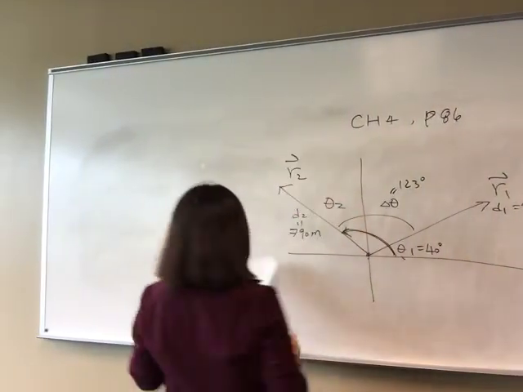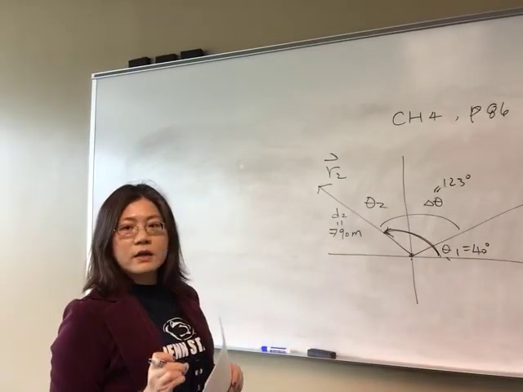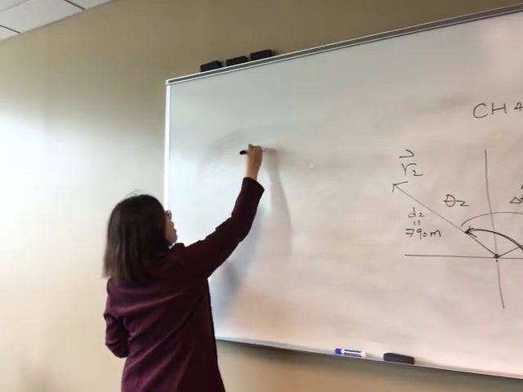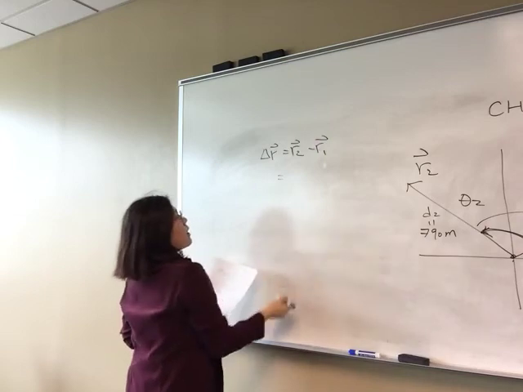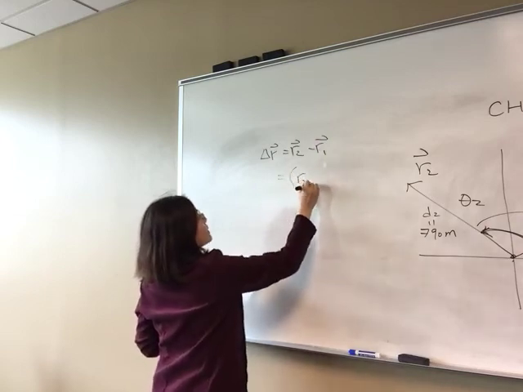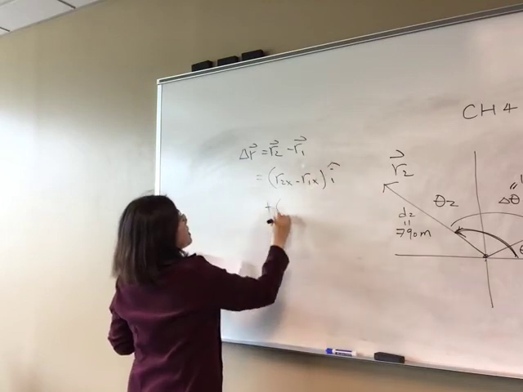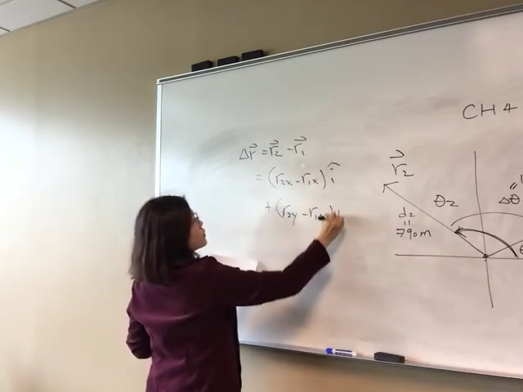So you have the position vector R1 here, and the position vector R2 here. You can calculate the displacement, because displacement is defined as the difference of the position vectors. So your displacement, delta R, is R2 minus R1. That is R2x minus R1x I hat, plus R2 y component minus R1 y component J hat.